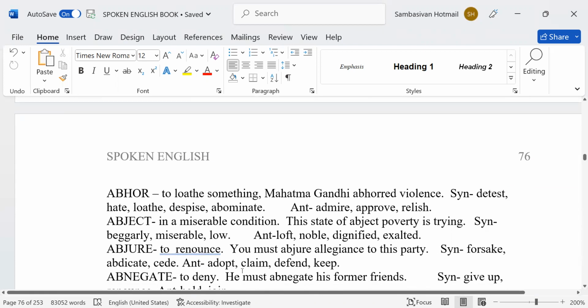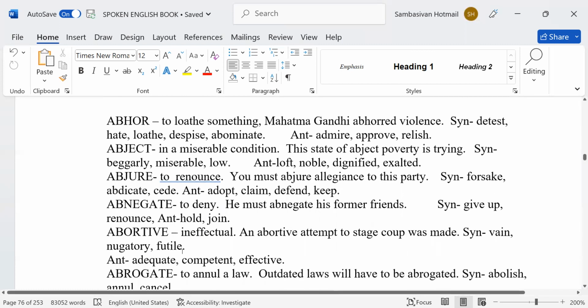Continue. Abhor: to loathe something. Mahatma Gandhi abhorred violence. Abhor means disliking something or hating something. Synonyms: detest, hate, loathe, despise, abominate. Antonyms: admire, approve, relish.